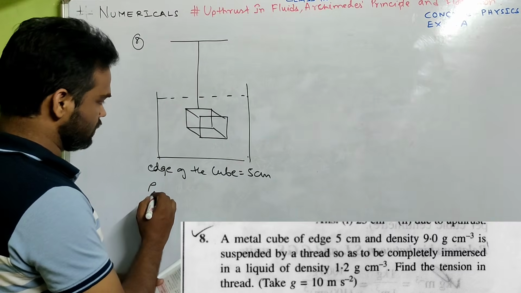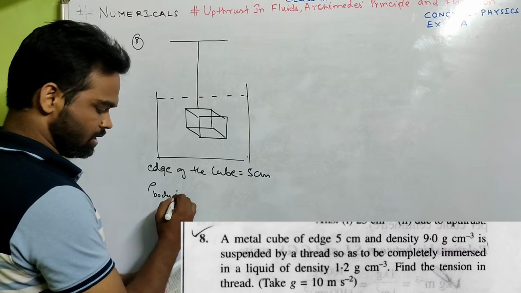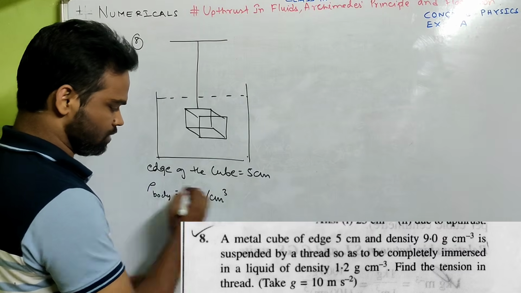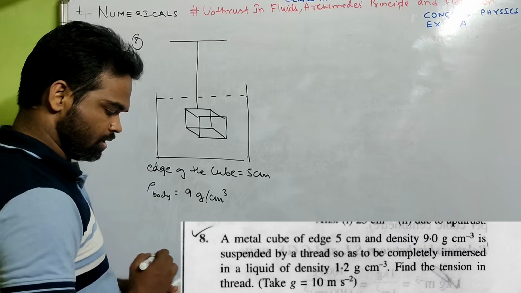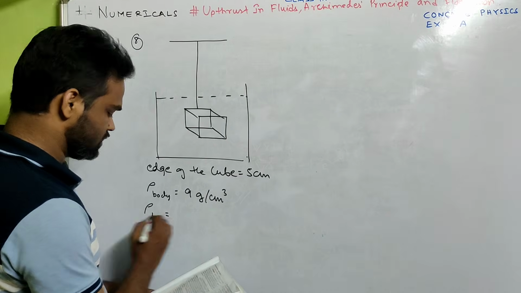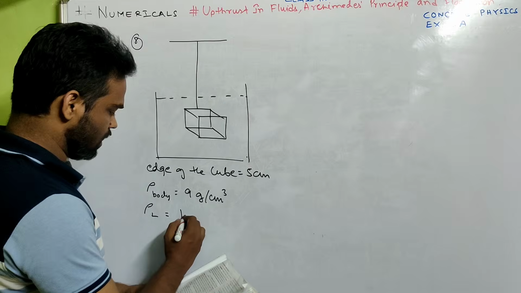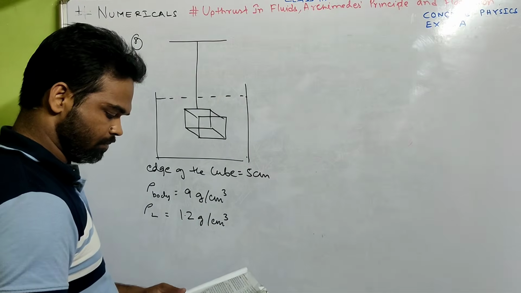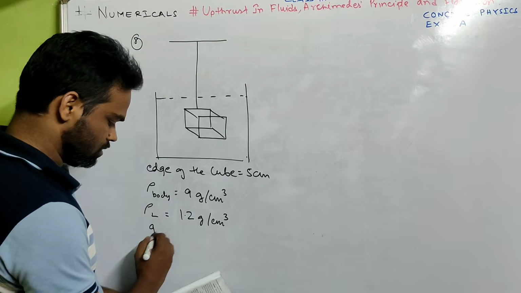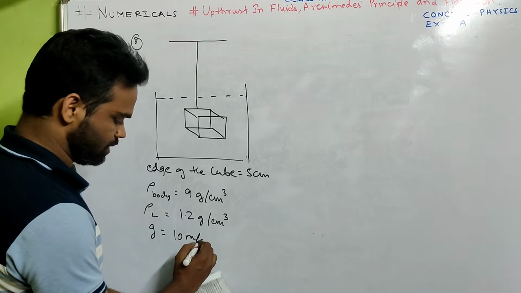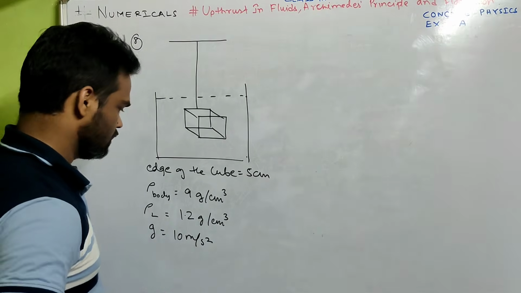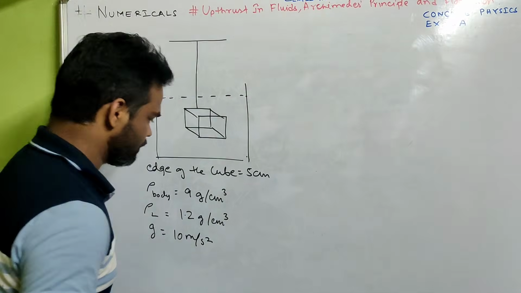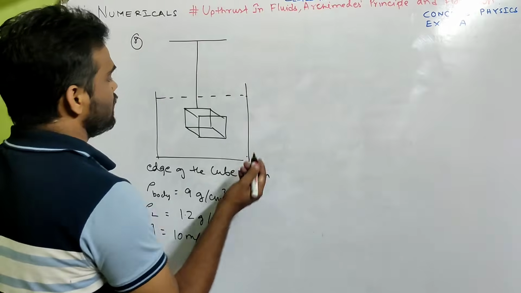Density of the body is given as 9 gram per centimeter cube, and density of the liquid in which it is kept is given as 1.2 gram per centimeter cube, and G is 10 meter per second square. Now, edge of the cube is given. What they've asked for? Tension on the string.